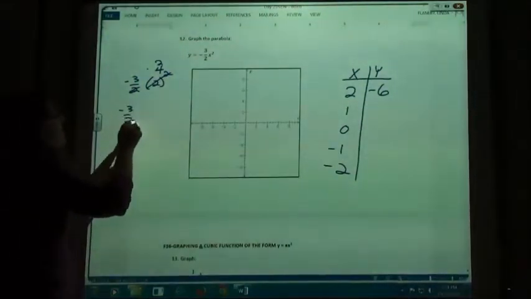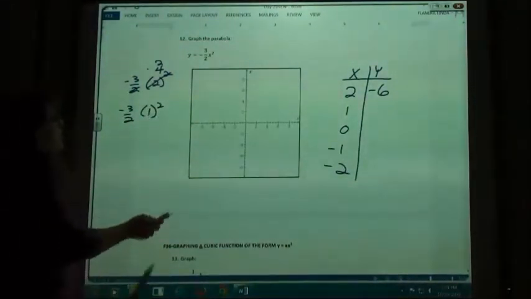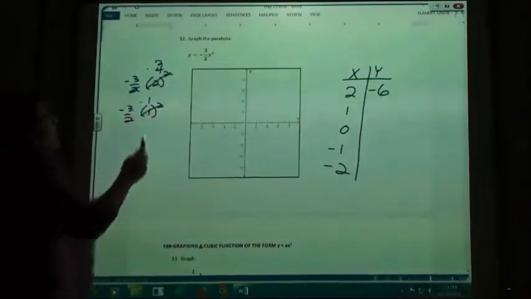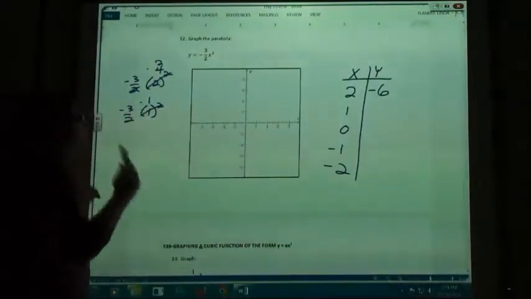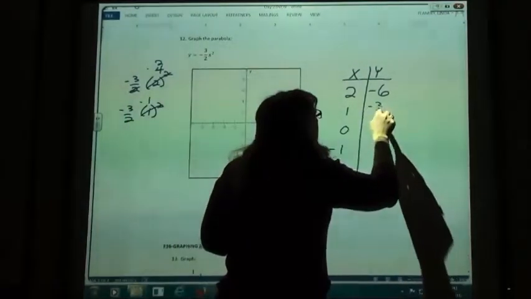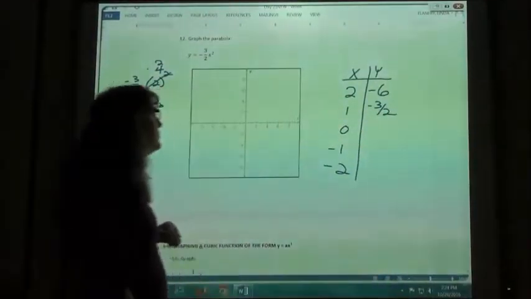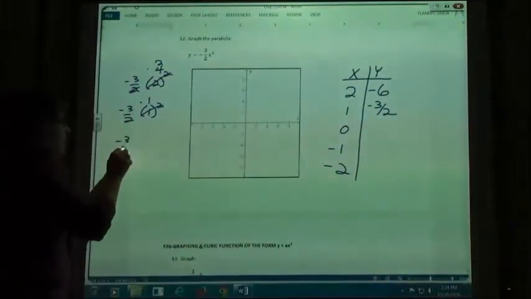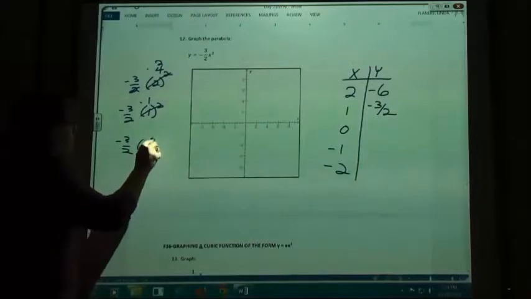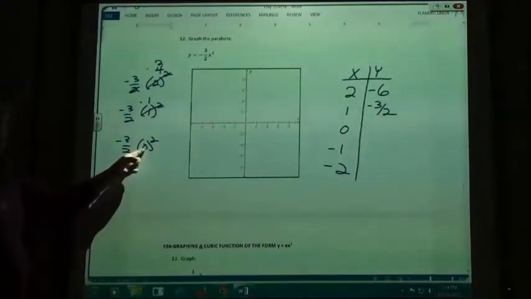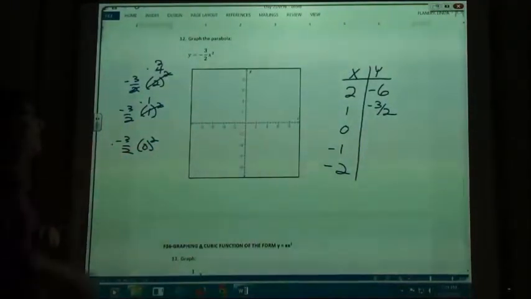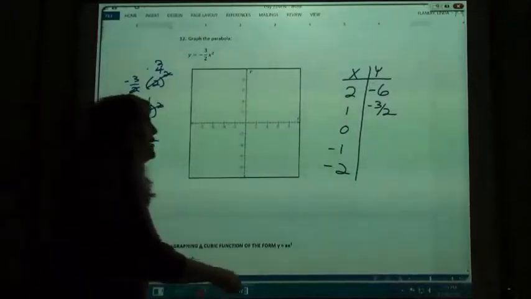Negative 3/2 times 1 squared. 1 squared still is 1. A negative 3/2 times a positive 1 is negative 3/2. Negative 3/2 times 0 squared. 0 squared is 0. Anything times 0 is still 0.